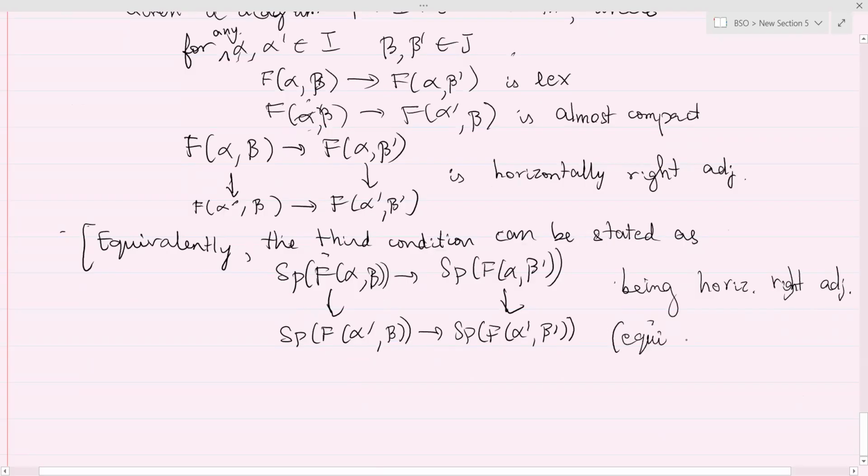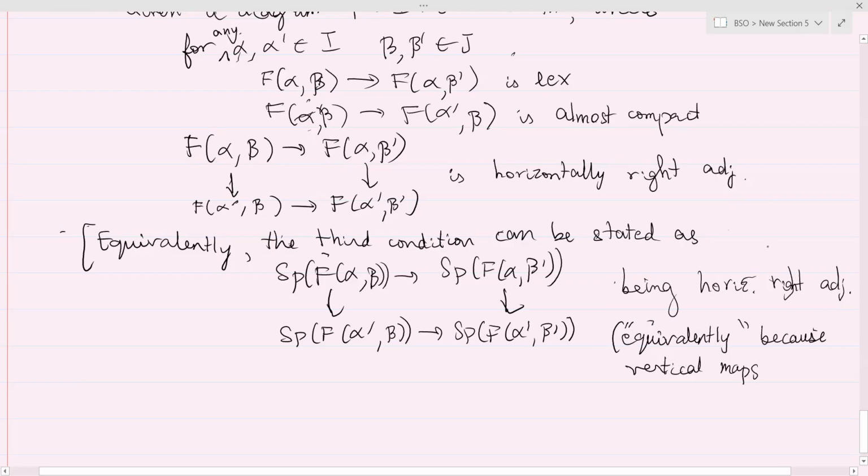Equivalently, because vertical maps are almost compact, I think. Yeah. Have I written this wrong?